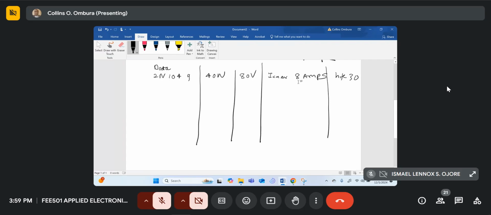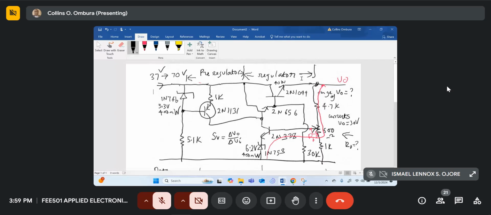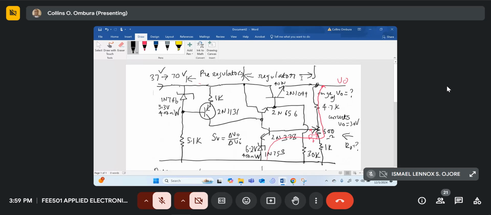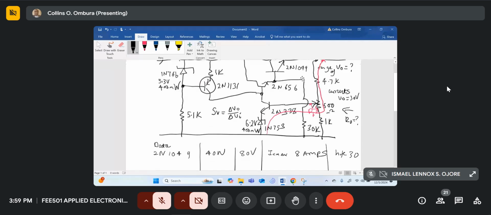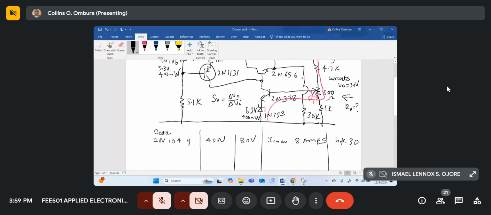And the next transistor was 2N656. This one is a 1 watt, so 60 volts. IC max is 0.5 amps. HFE 30. And then the 2N338.